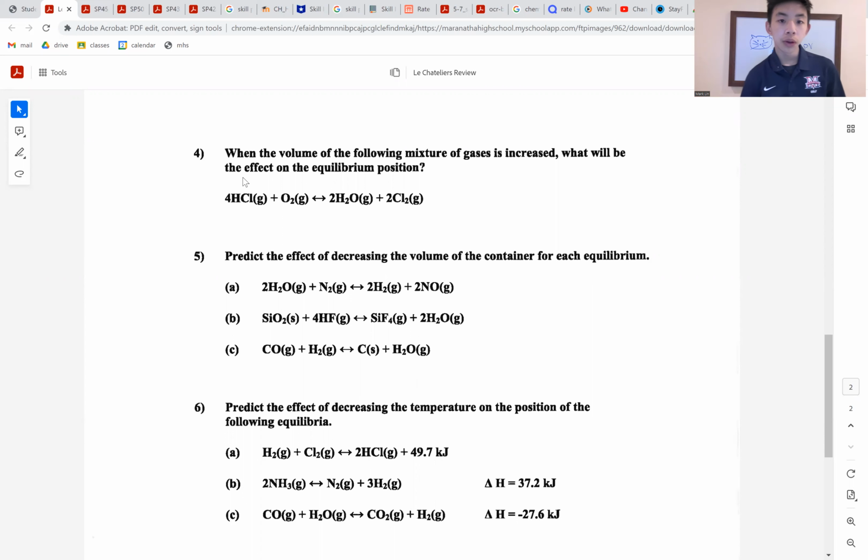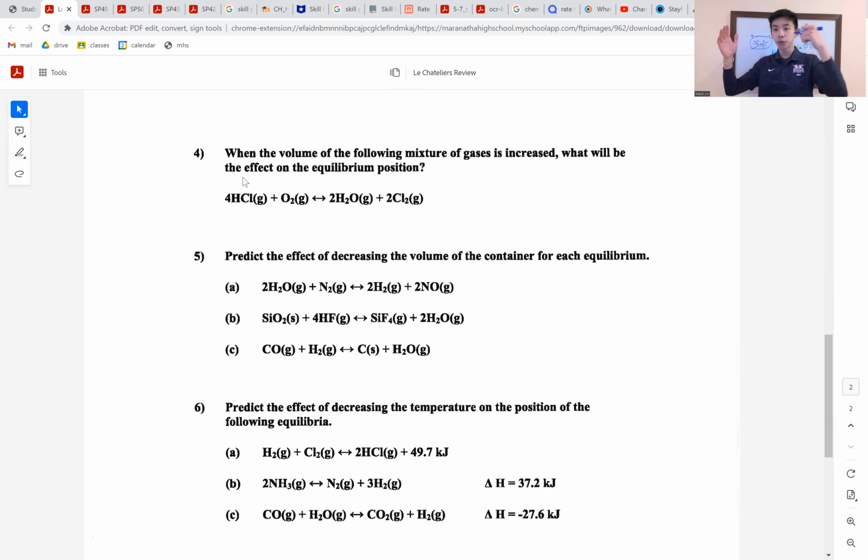Because, theoretically, if you increase the volume of a water bottle, there's more space. If there's a bigger amount of space, then the particles are going to be hitting the boundaries and the sides a lot slower because there's so much room.